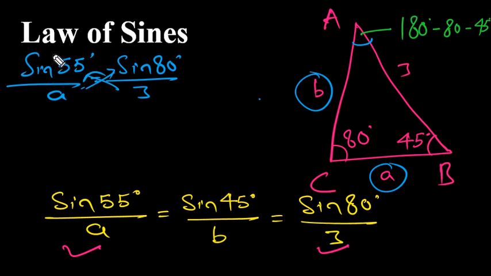So if you don't know how to use the calculator, then press this, wait a second, let me just try also. Yeah, substitute the value: sine 55 divided by a, which is unknown, so use alpha x, because a is not in the calculator, so you can use x, so alpha x.